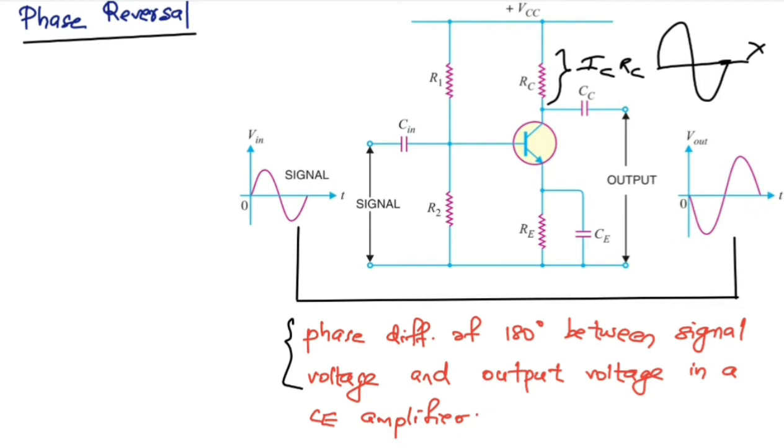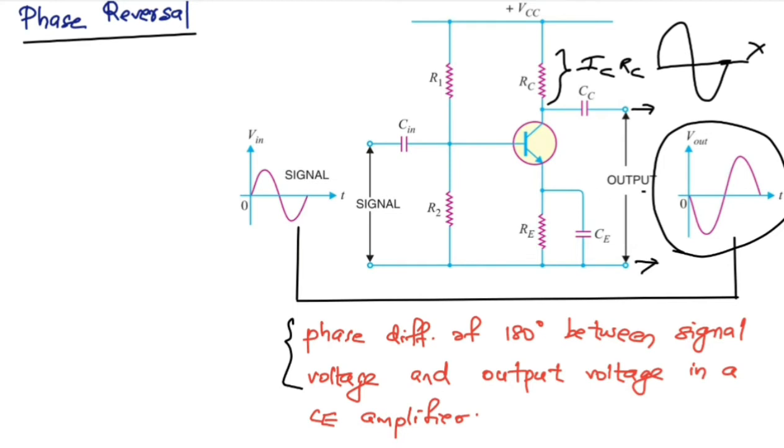Now, why are we choosing this output? This is okay for a single stage amplifier, but for a multi-stage amplifier we connect this output to the input of the next stage.